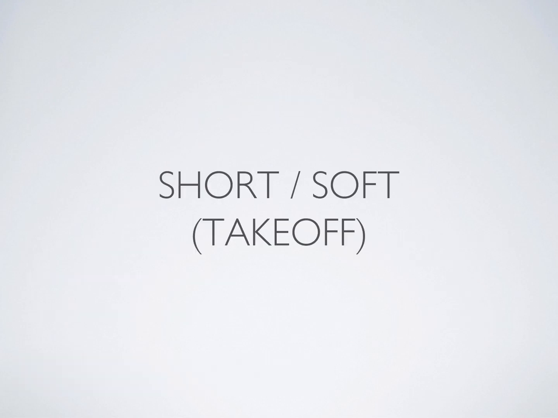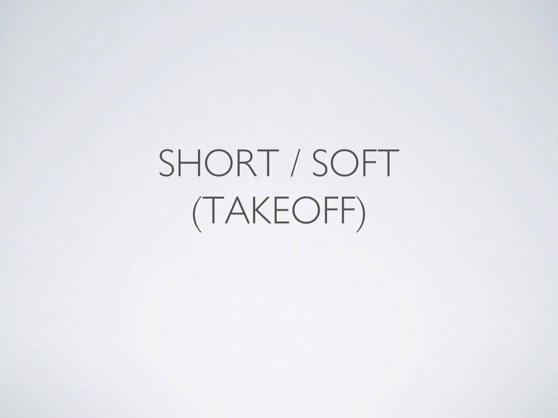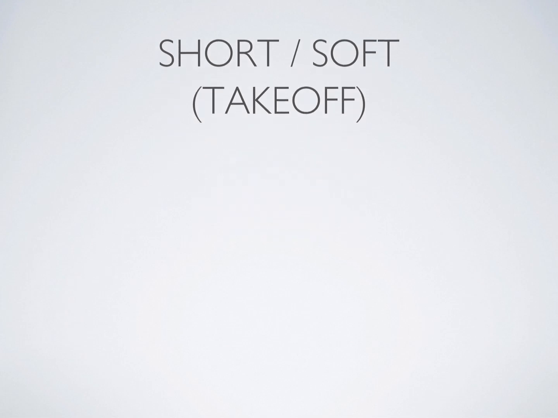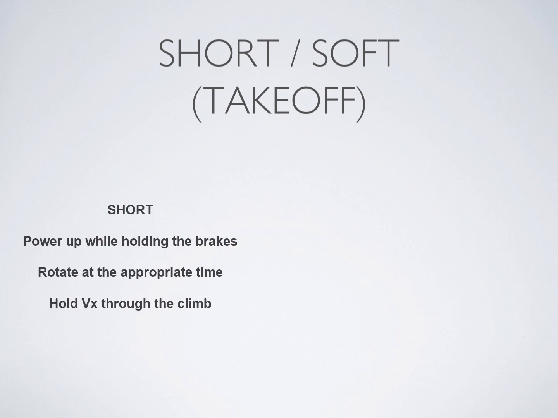So I said I'd come back to short and soft field takeoff. So again, when you're preparing for your flight test mentally at home, or even just sitting in the plane, running through your procedures mentally, you want to practice these in two separate ways. So for your short field, you remember that you're holding the brakes while you're adding power, releasing the brakes to get that maximum performance.